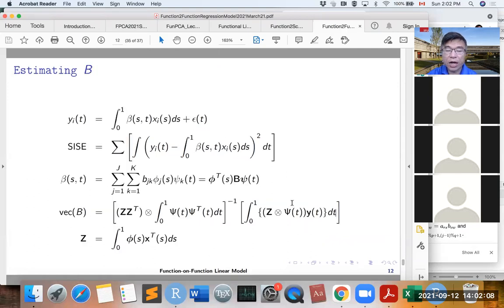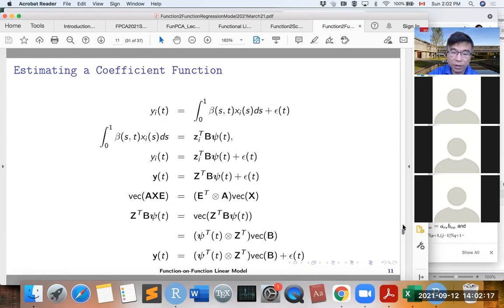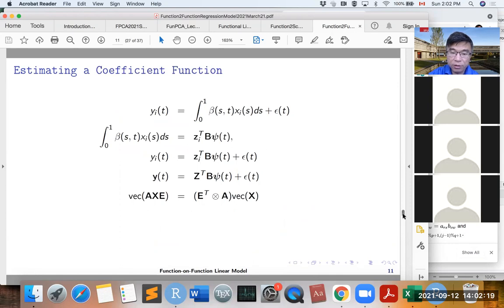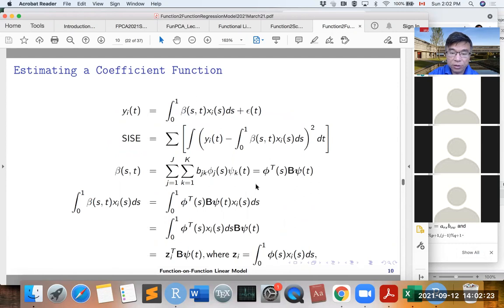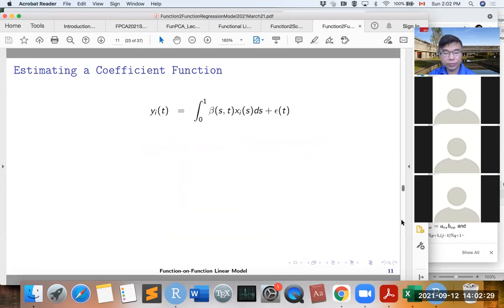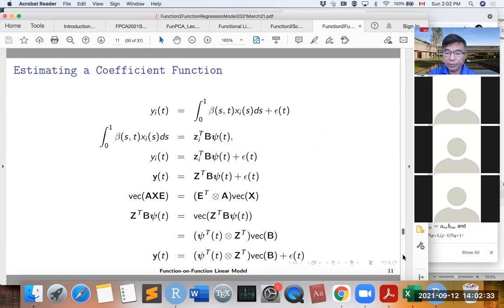This is how we estimate it. After we get the basis coefficient B, then we will get the beta s,t, right? Yes. So this is how we do the estimation.